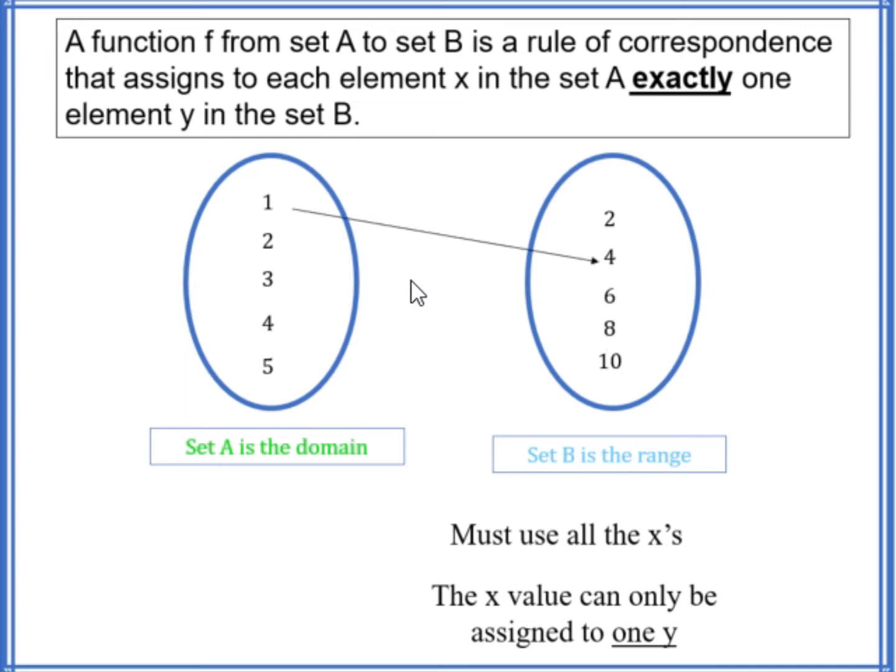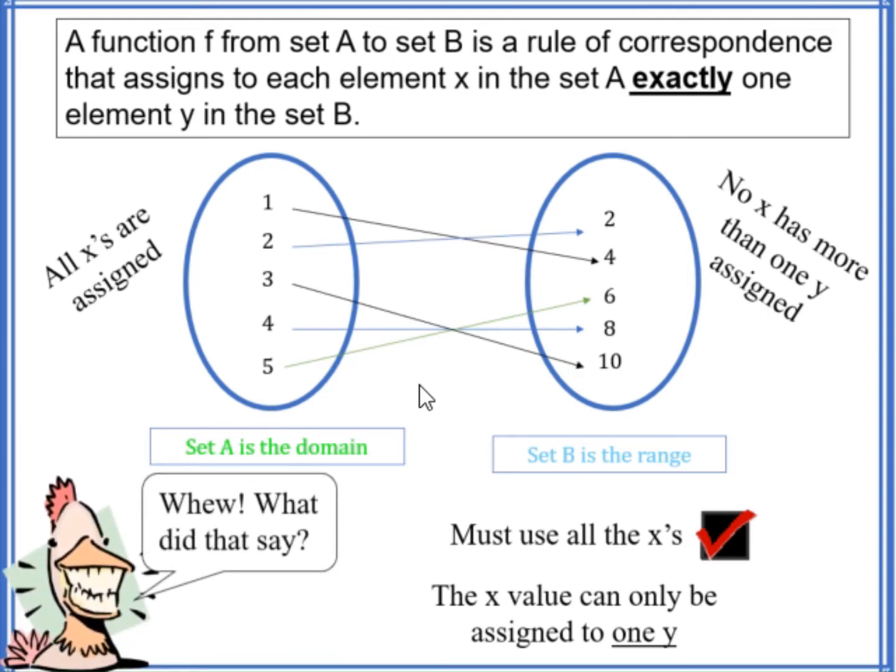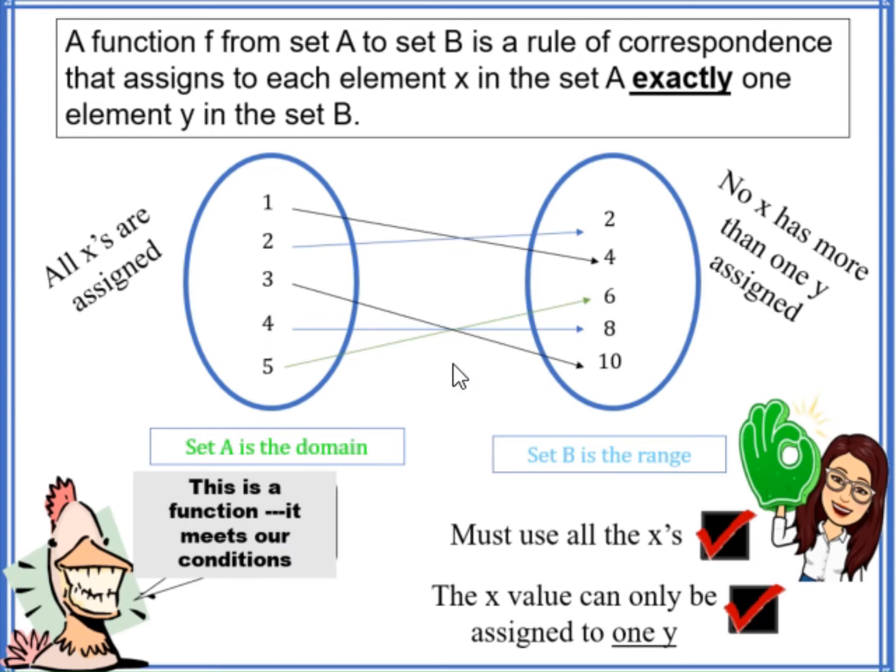So we have 1 paired with 4, 4 with 8, 2 with 2, 5 with 6, 3 with 10. All x values are assigned, and no x has more than one y assigned. Since we have that, we can say this is a function mapping relation. The kind of relation is what we call a one-to-one relation.